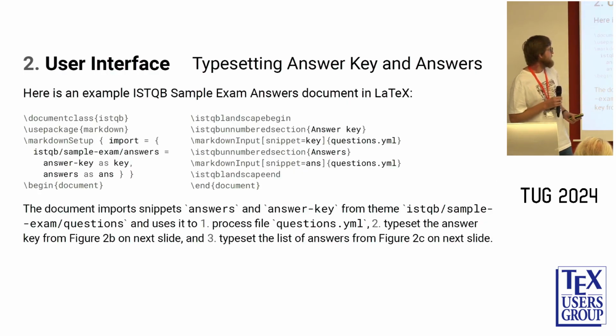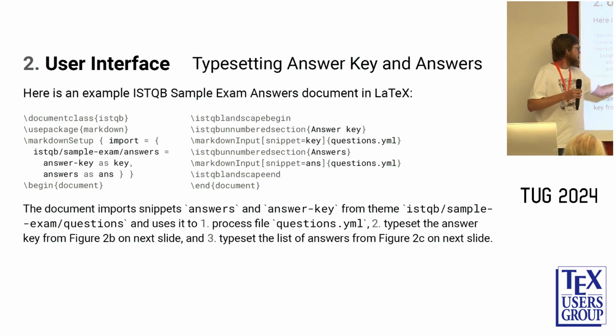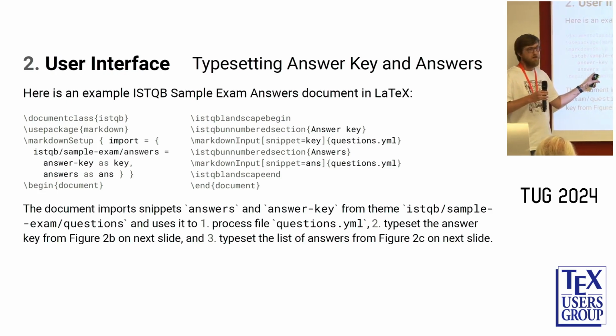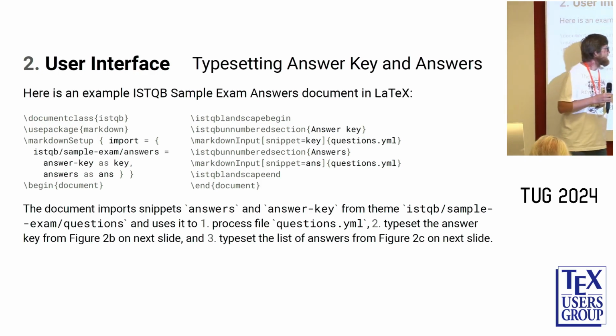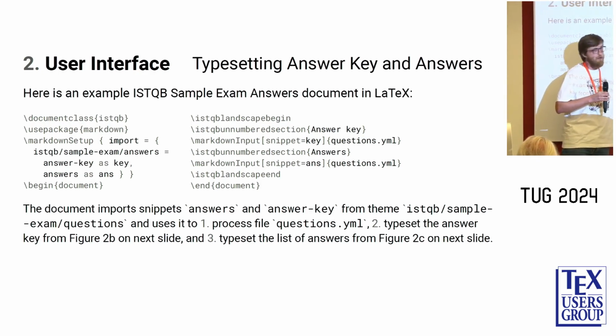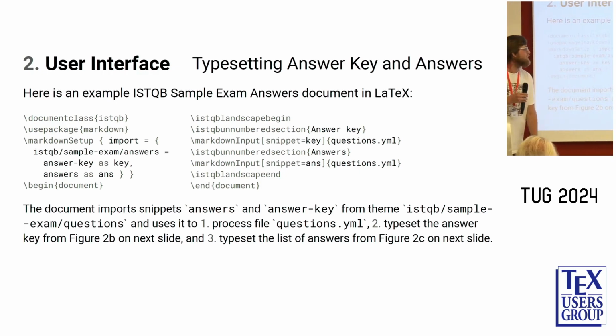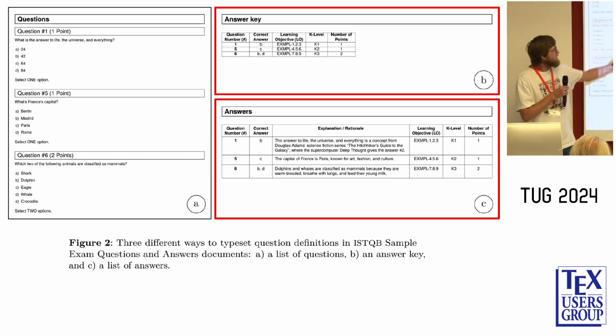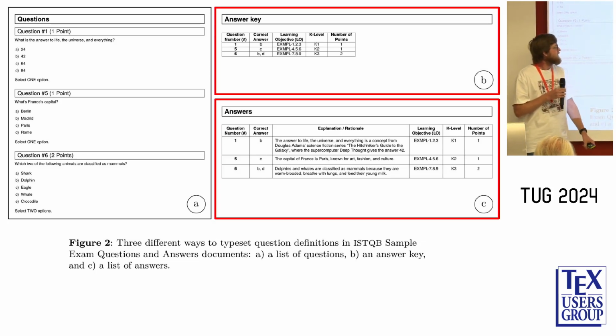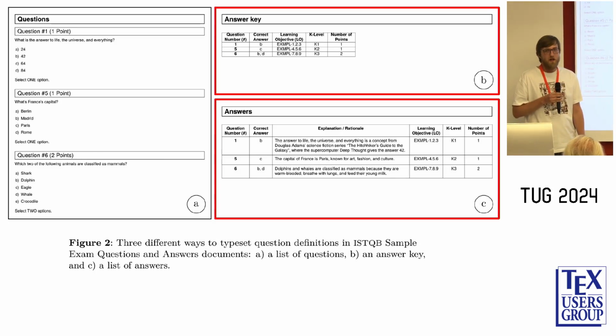Then you might have a different LaTeX document where you would import the answer key and answers snippets from the theme/answers, and you would invoke the snippets on the file questions.yaml like this, and this would produce the answer key and the list of answers, which you can see on the right part of the slide.